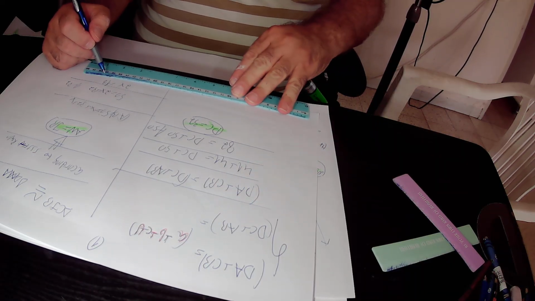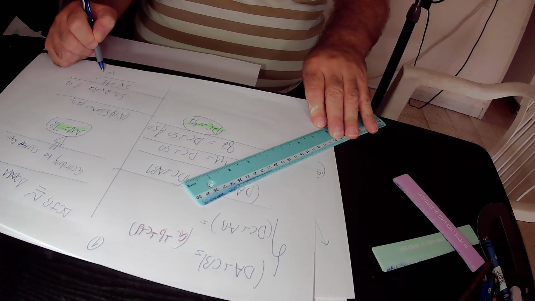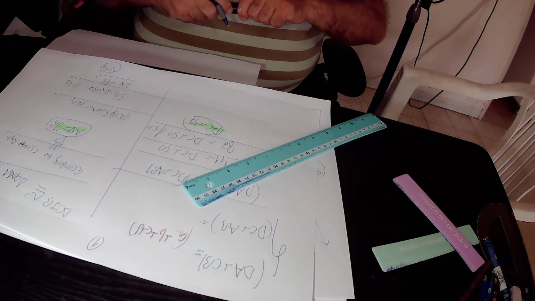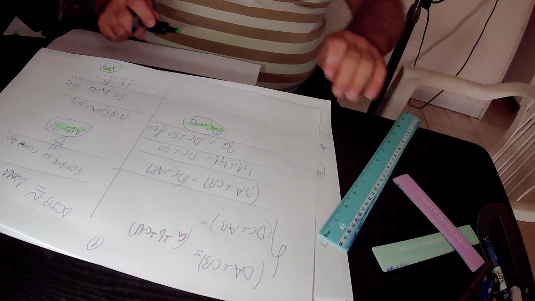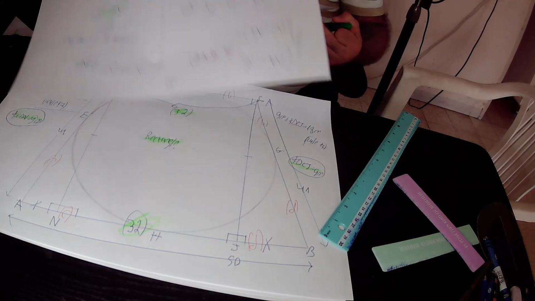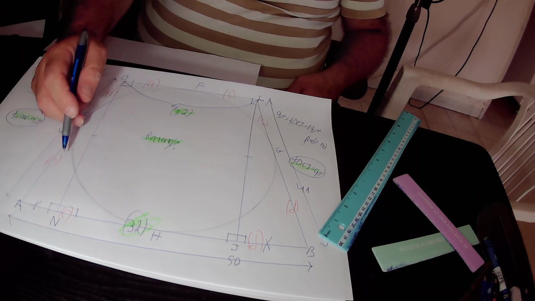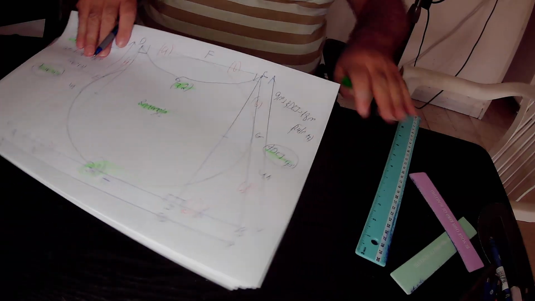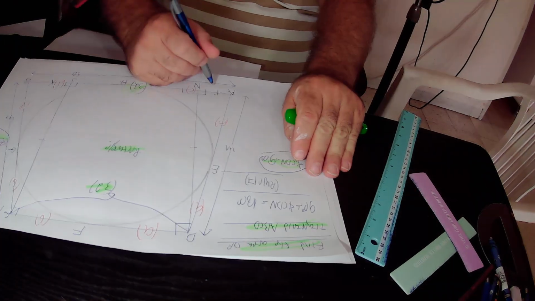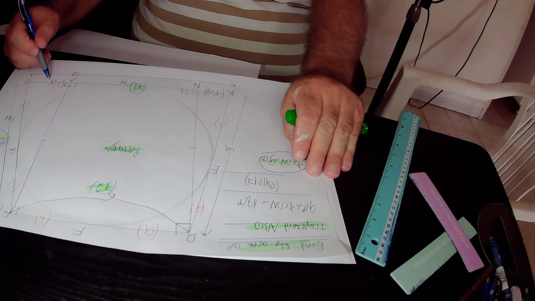Here we divide this equation by 2 and finally we get that x equals 18 over 2, that is 9. So x equals 9 units in length. AN equals x, which is 9 units, and JB also equals x, which is 9 units in length.